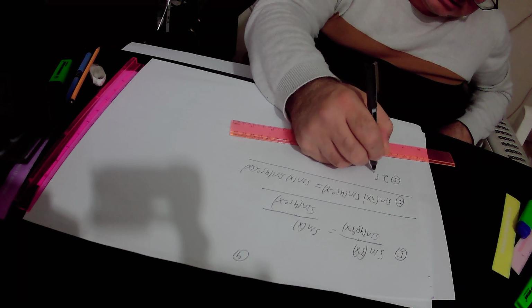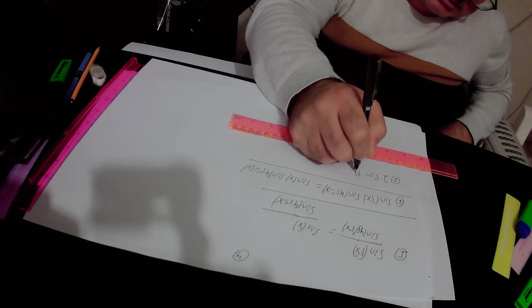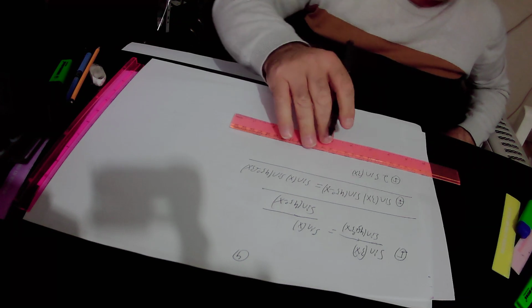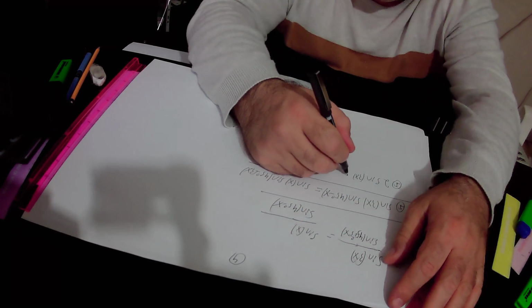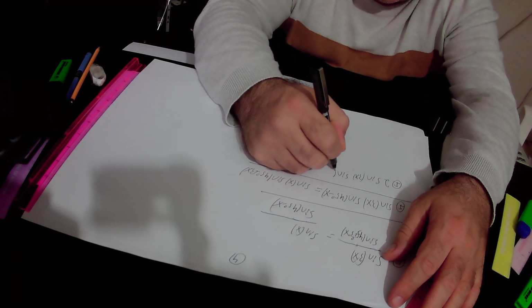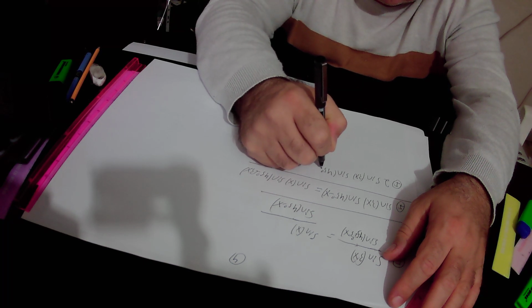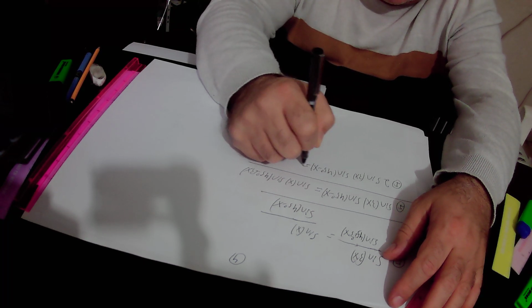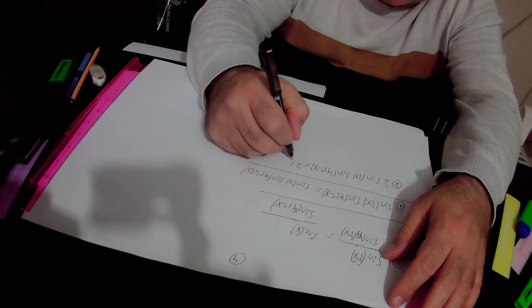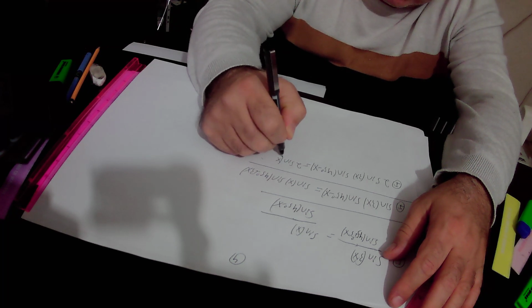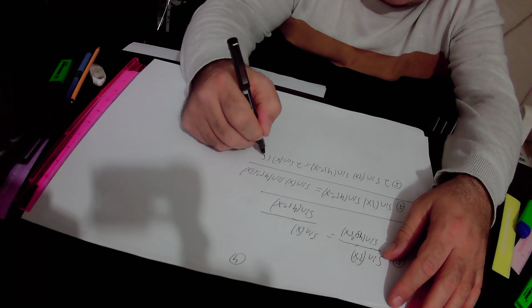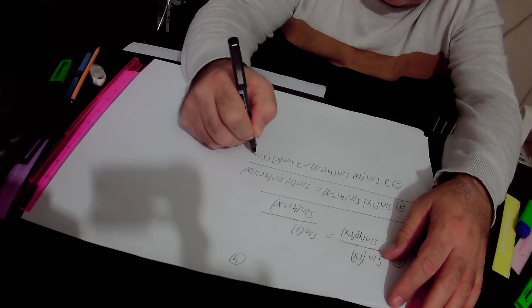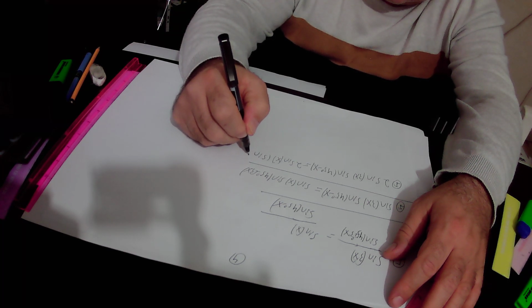two times sine 3x times sine 45 degrees minus x equals 2 times sine x times sine 45 degrees plus 3x.